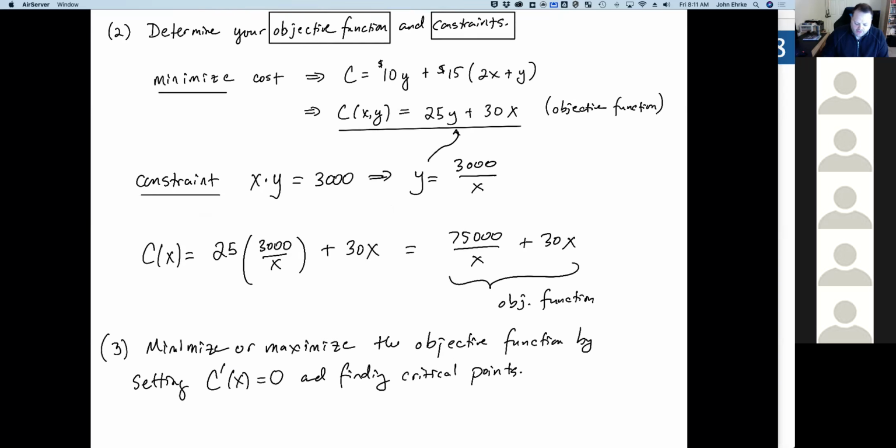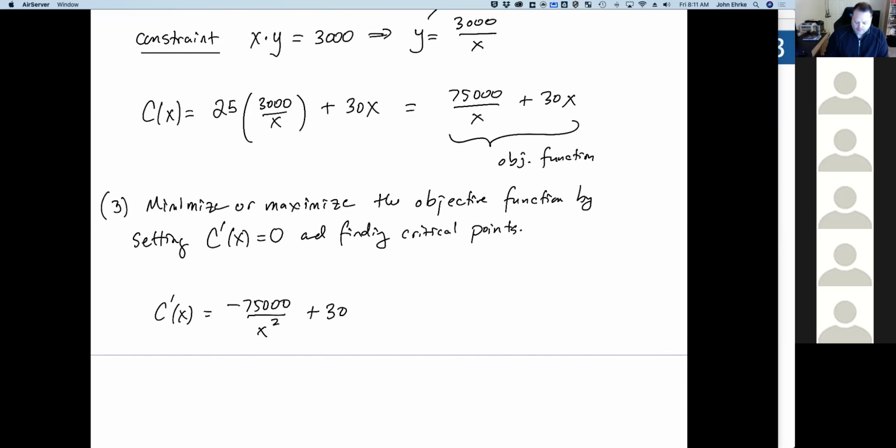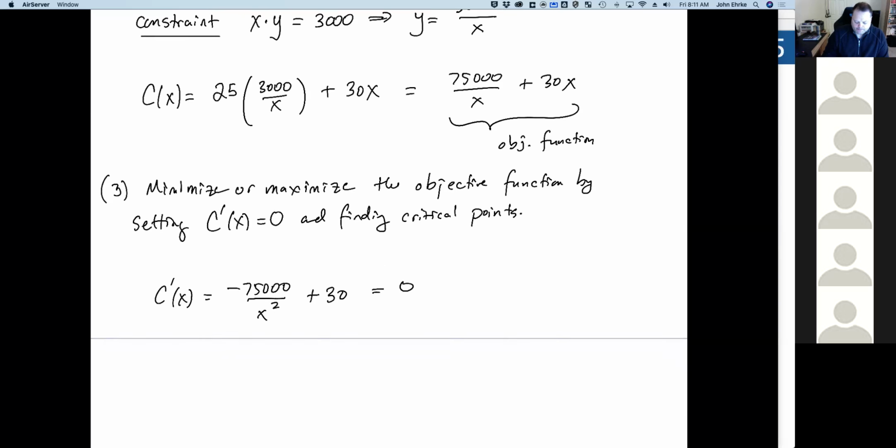So after you have your objective function, the next step should always be to take the derivative of the objective function, set it equal to 0, and find critical points. So the derivative of this function will turn out to be negative 75,000 over x squared plus 30. I'm going to set it equal to 0.